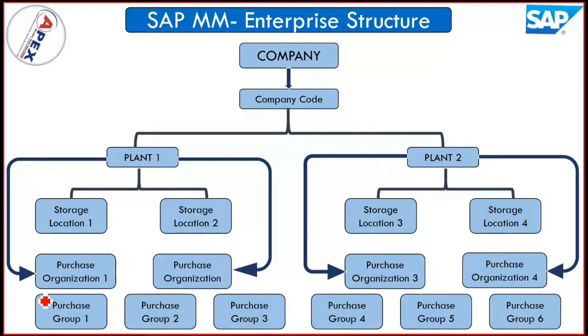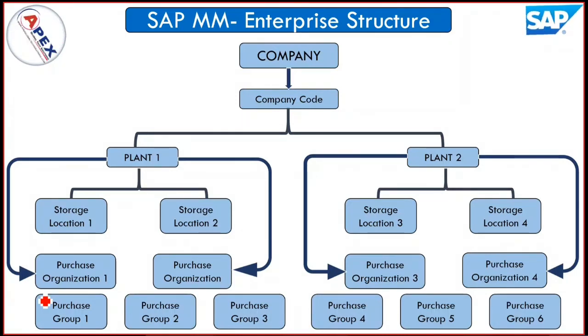So next, in the interview they will ask you what enterprise structure you have maintained, what are the elements. See, you just note this down. In the interview, definitely they will ask you what are the elements of SAP MM, and also what enterprise structure we maintain in SAP MM. You have to say plant, storage location, purchase organization, purchasing group.